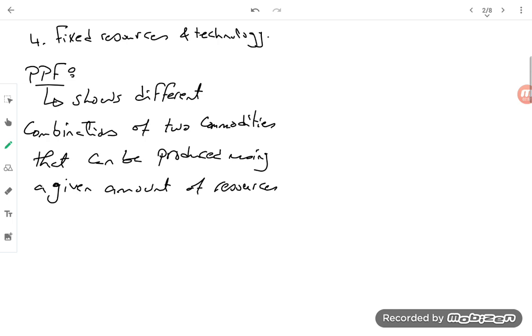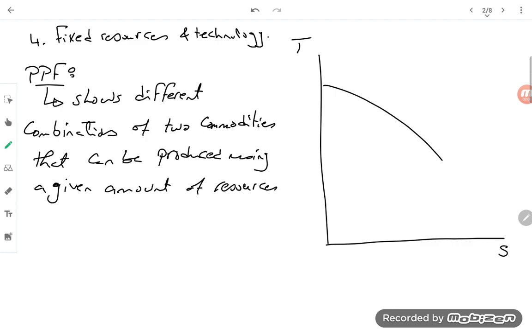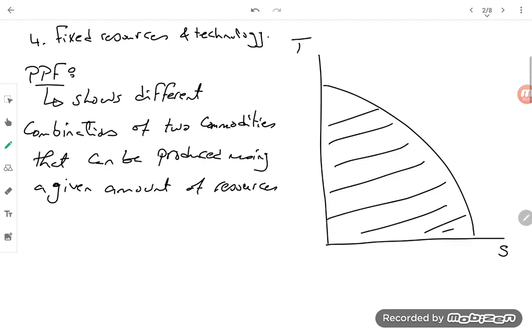So if you are going to draw PPF, it will be like this. Say, for example, this is soybean and this is textile. So this is the PPF. PPF is like a boundary between what can be produced and what cannot be produced. So this area can be produced.